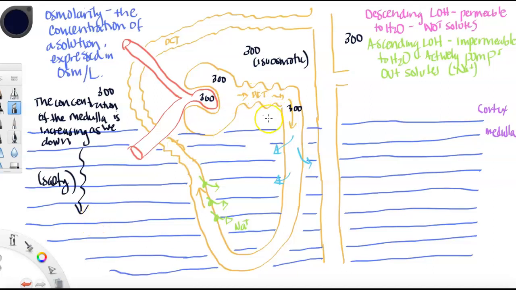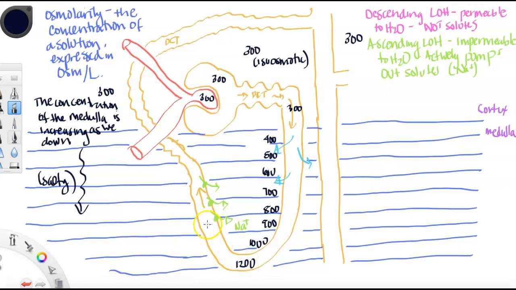Okay, so it's 300 here. As we go down, it gets saltier and saltier and saltier. And then once we're at the bottom of the loop of Henle, we're at about 1200 milliosmoles.